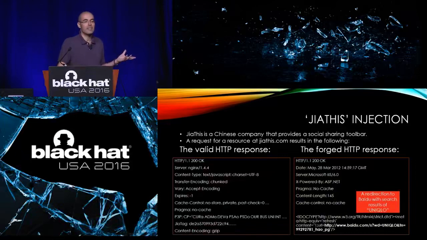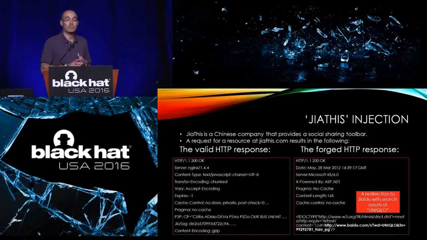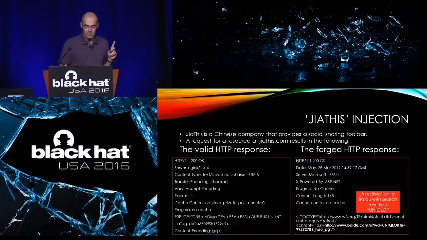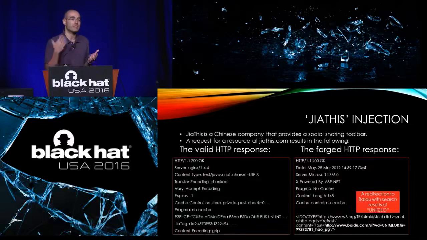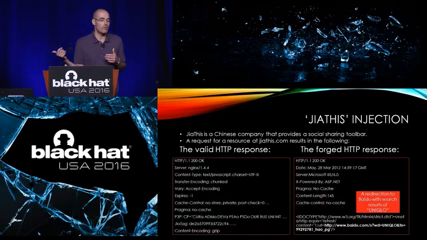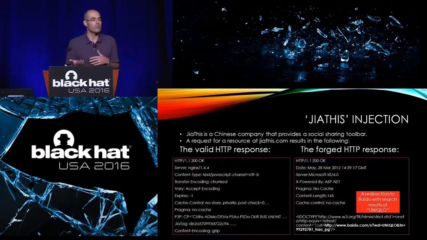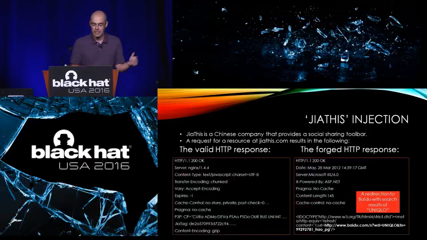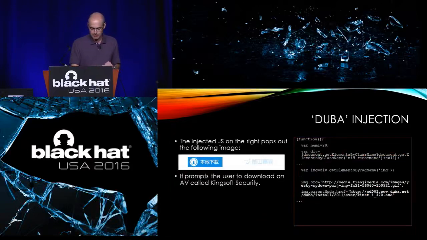And simply here the user was served with all the search results for Uniqlo. And of course, the injector did not forget to add to the URL the referral tag, as you can see right here. This allows Baidu.com to identify which site referred the user to make that search, and this allows for revenue sharing between Baidu.com and the site that referred the user. So this is, again, as you can see, the injector made money out of it.